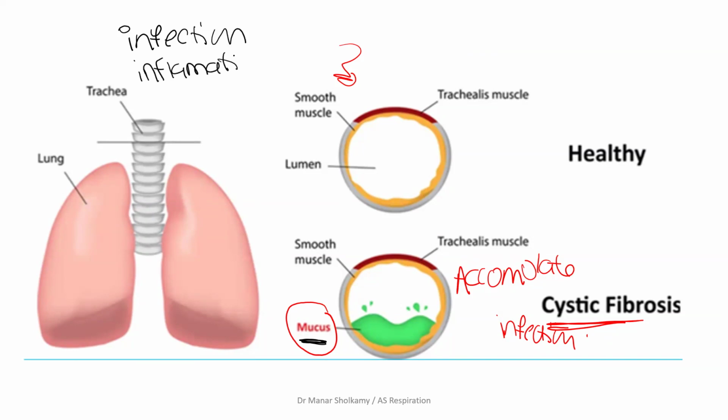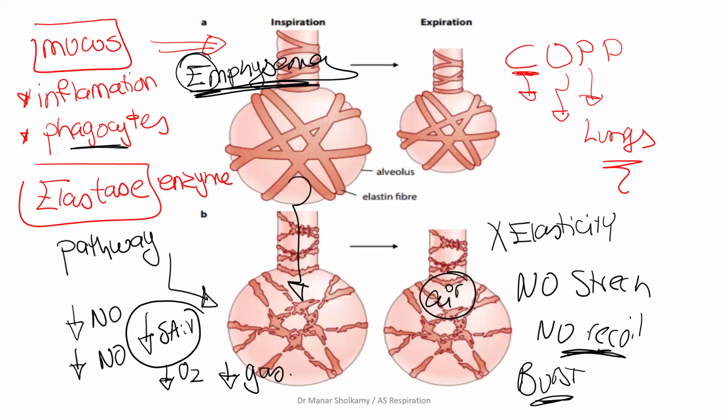Phagocytes. Very good. These phagocytes want to reach the site of infection. They can't reach. Then what do they produce? They want to create a pathway. They will produce an enzyme that will help it reach the alveoli. What's the name of this enzyme? Elastase enzyme. Excellent.